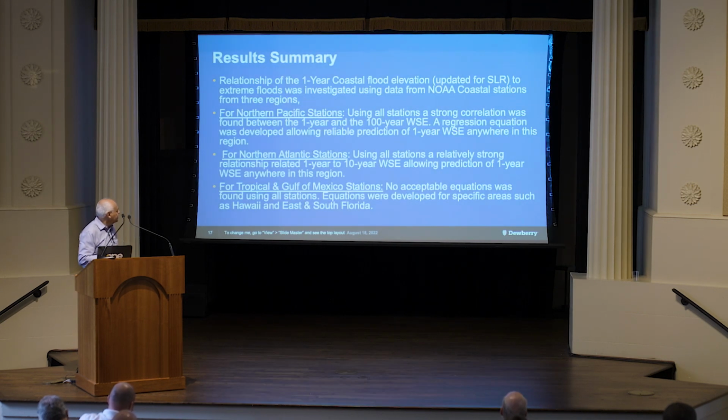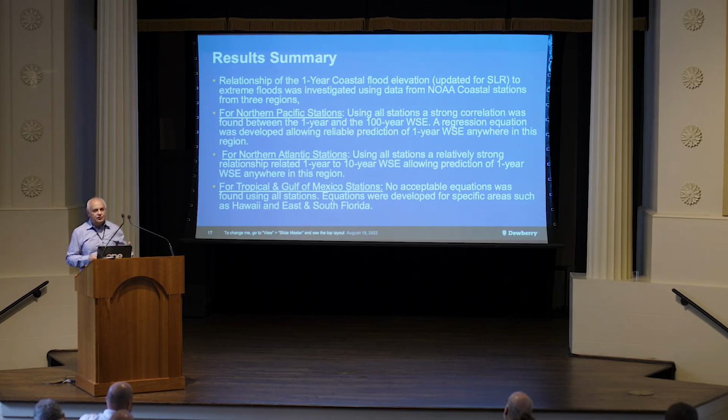So, in summary, the relationship of the 1-year coastal flood elevation, updated of course for SLR, to extreme floods that were also updated to the year 2021 was investigated using the data from all available NOAA coastal stations from 3 different regions.